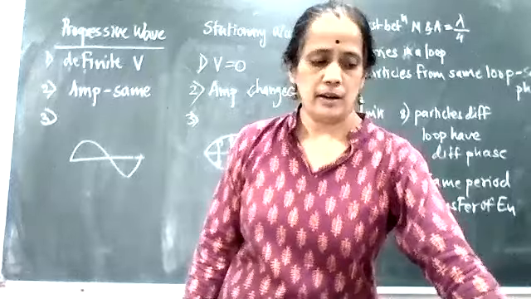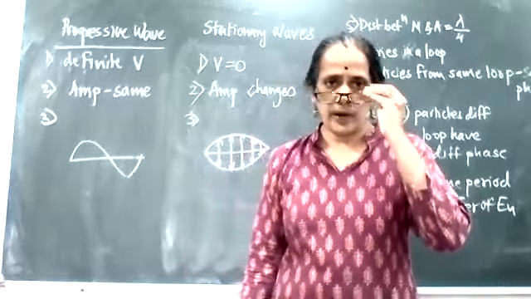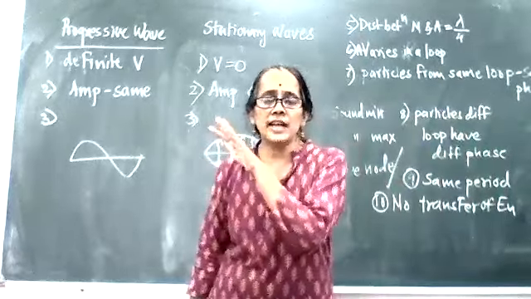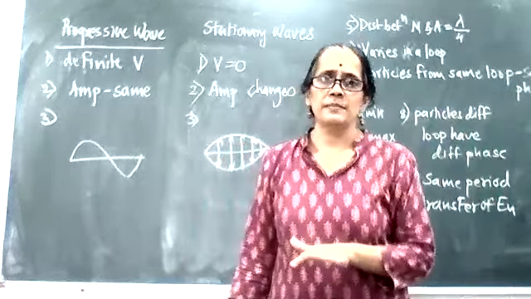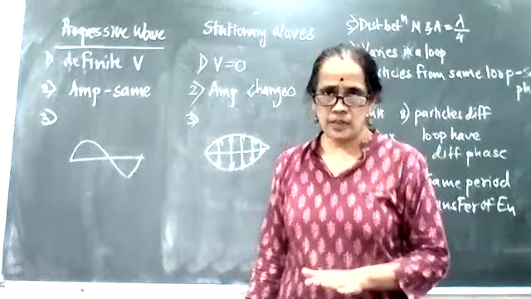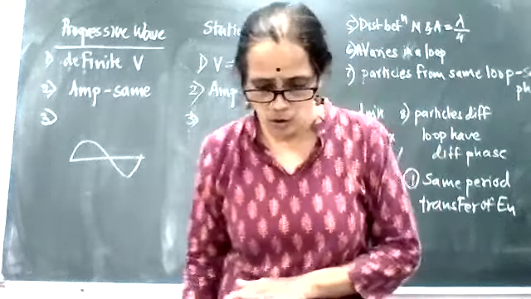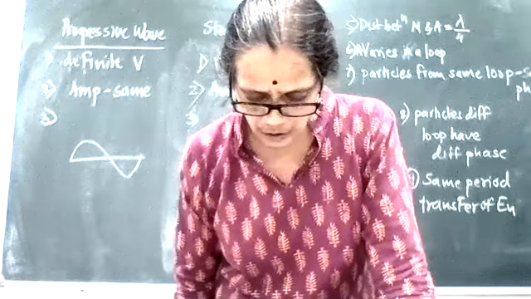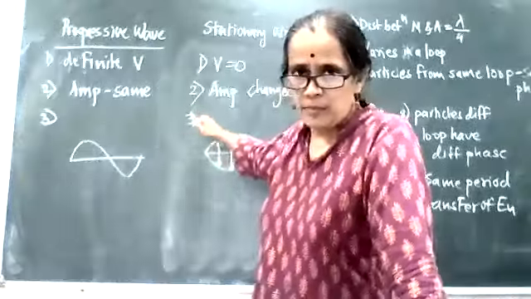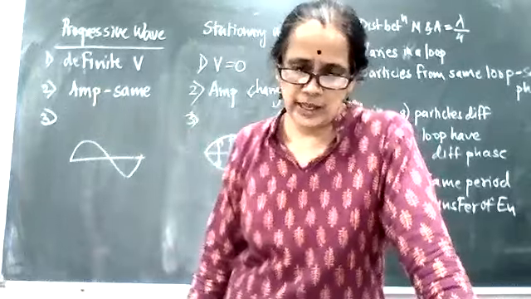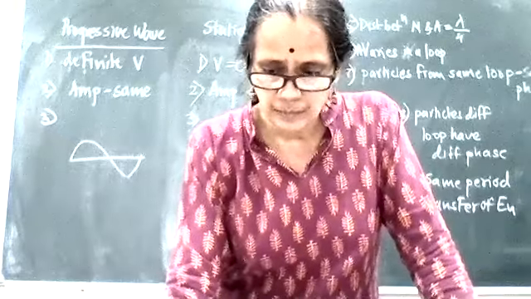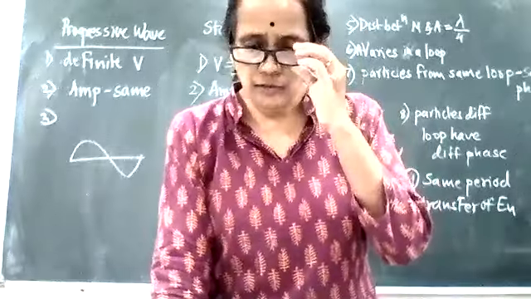Clear? Then the fourth property: when a progressive wave is propagating, there is a transfer of energy. And when a stationary wave is formed, there is no transfer of energy. Energy is not transferred from one point to another in a stationary wave. Why?